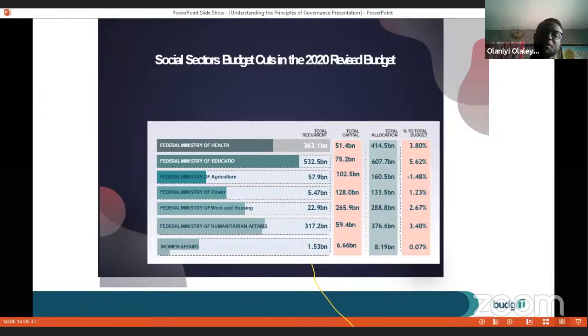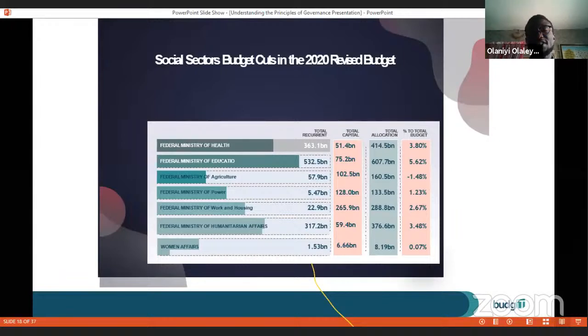So let's look at the Ministry of Health, for instance. In the budget we are presently running in Nigeria right now, the 2020 budget, the Ministry of Health has a total allocation on the third row of 414 billion naira. That is the total amount of money given to that ministry.